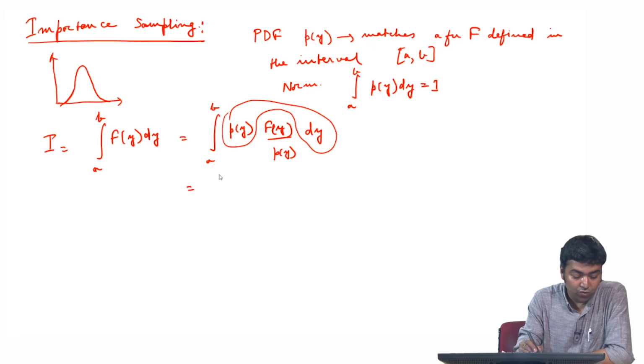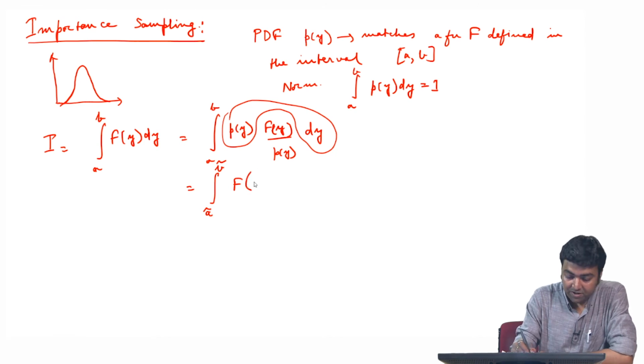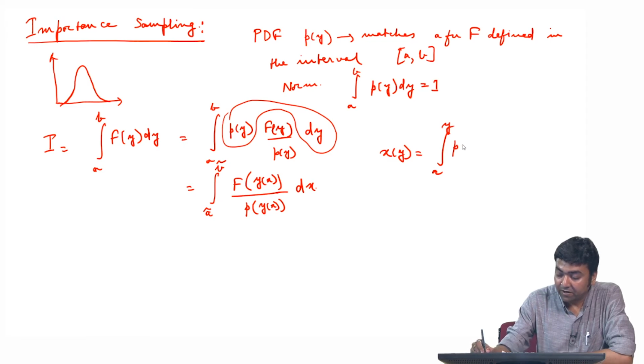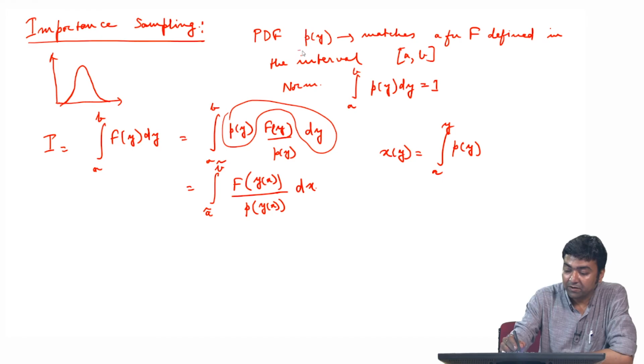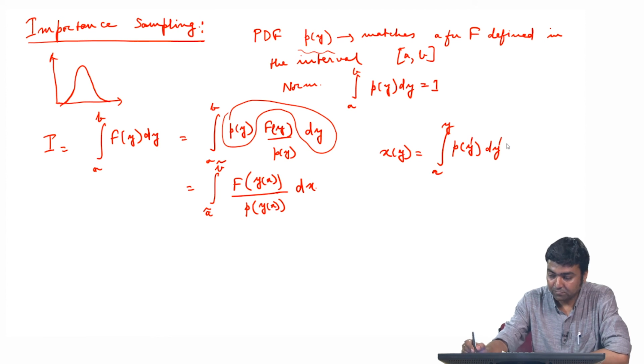So, what I do is I change the variables accordingly, from a to b, and then I have my modified function f(y(x))/p(y(x)) and again dx, where my x as a function of y is given by the cumulative distribution of my desired probability distribution function p(y).